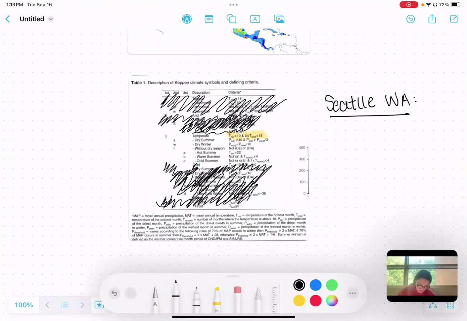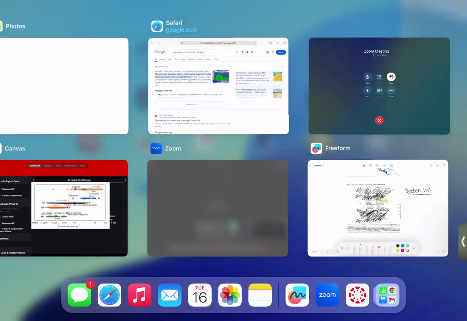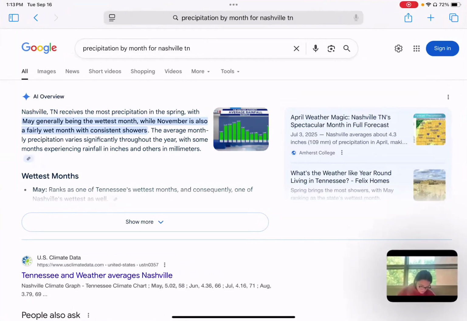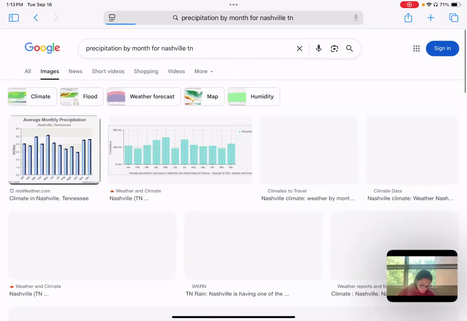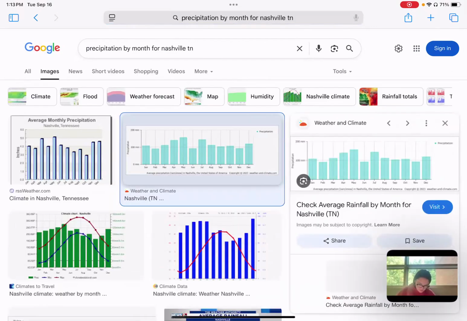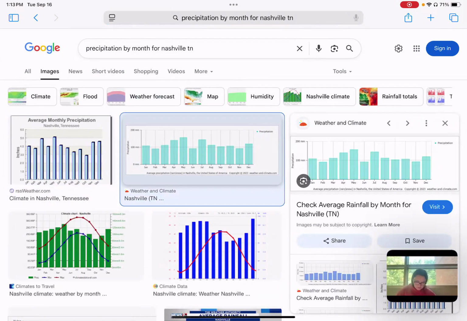We need it to be less than 40. Let's just look at this image here. So this is in inches. We don't really want it in inches. So maybe this graph here is better.